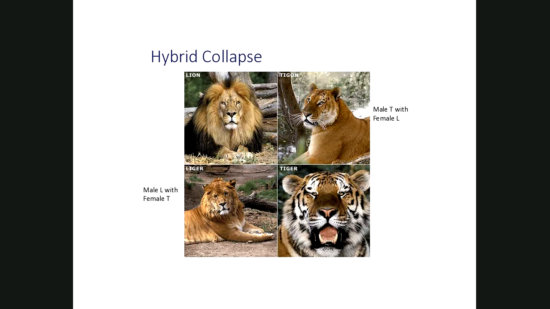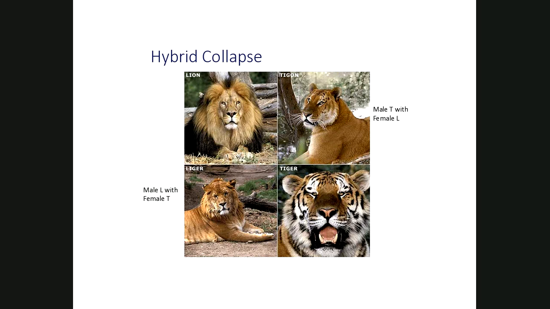Lions are in Africa and tigers are in Asia, so these matings are absolutely humans bringing those matings together. You can go back to your PowerPoint notes and read about this. I got my PhD working at the St. Louis Zoo, and I've gotten a lot of questions concerning hybrid collapse and bringing these species together.